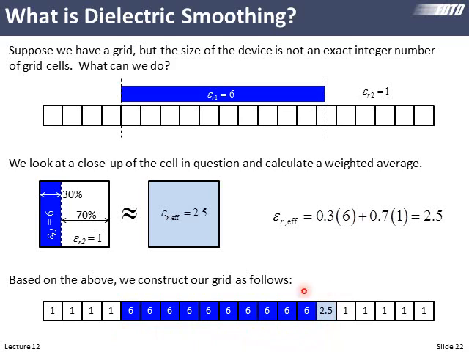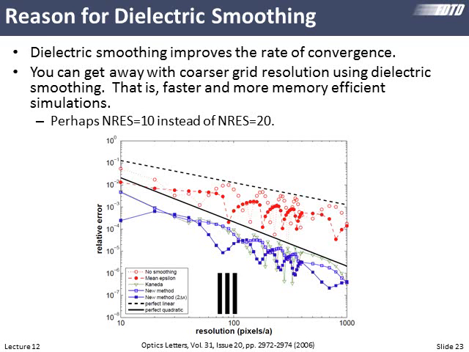In fact, this gives us a pretty accurate simulation. This is more accurate than just rounding this and either making it a little bit too short or much too long. This improved things considerably. And we can actually get away with a coarser grid by doing things like this. The reason for doing this is that in 2 dimensions we're going to have rounded, curved contours that slice through a whole bunch of cells, and we would have to go to a ridiculously high number of cells for round structures to really look round.